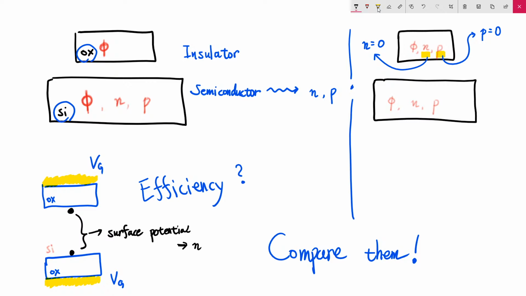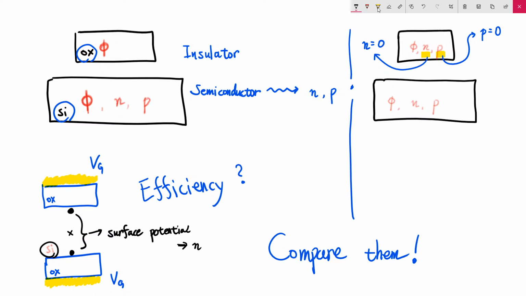Of course, not only the surface potential, but potential at this midpoint is also important. Anyway, the electrostatic potential in the silicon region is important to determine the electron density.